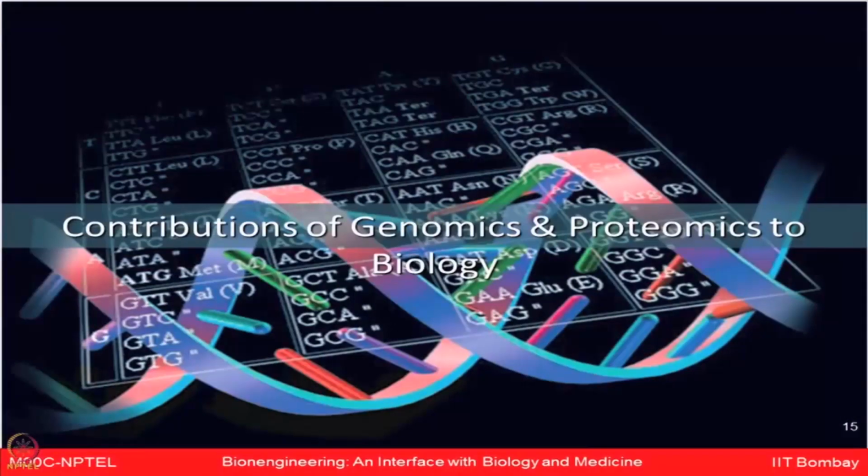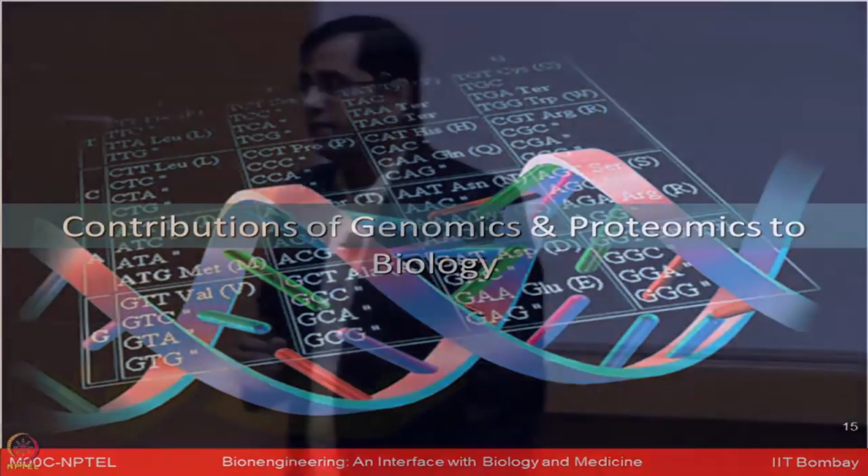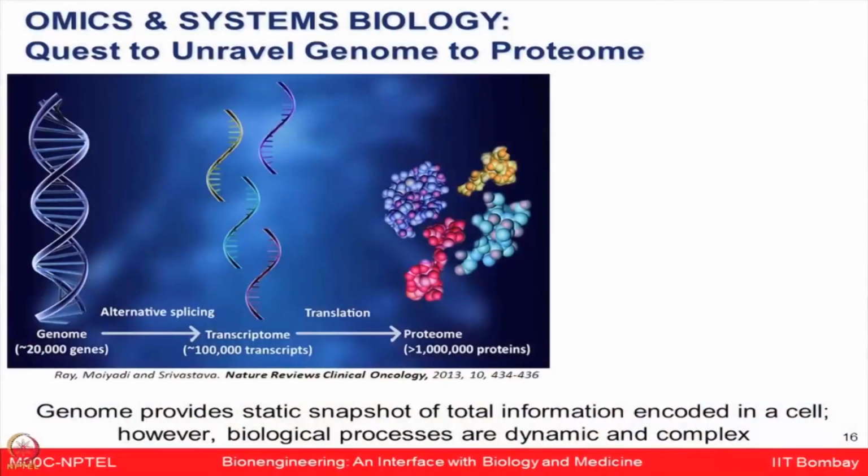So all this theoretical knowledge we have been talking about has actually started making a good impact in the medical field today. Although I am not going to talk in much more detail, understanding all the genes of a given system, or all the proteins of a given system, as part of genomics or proteomics, has been crucial and fundamental to biology.